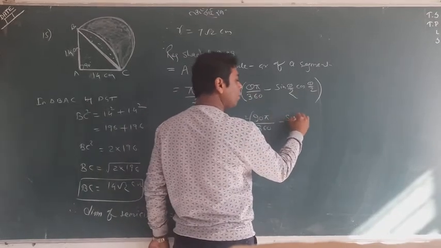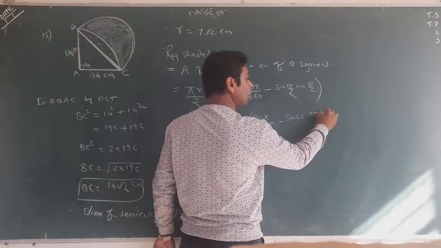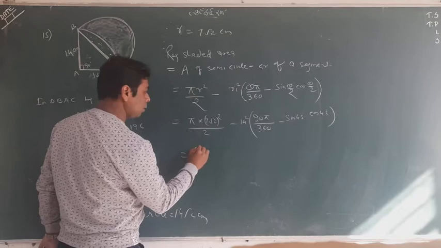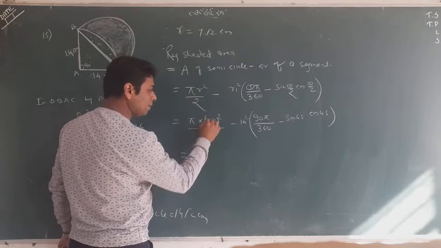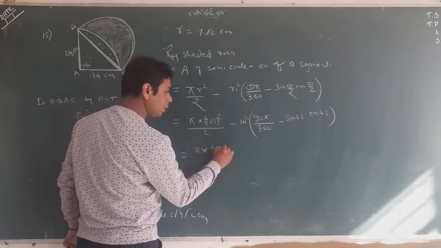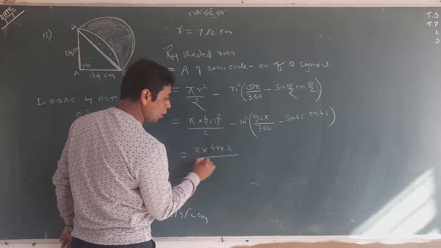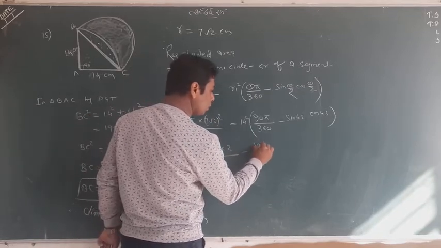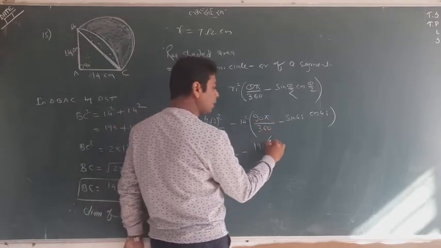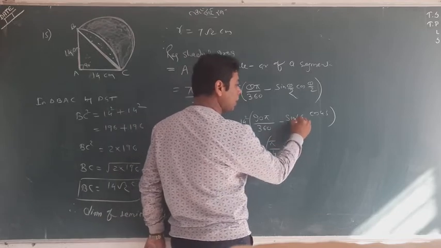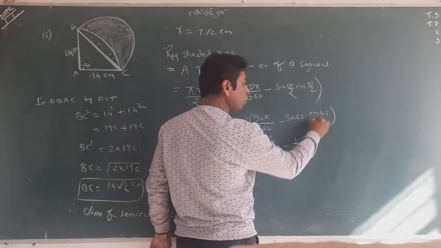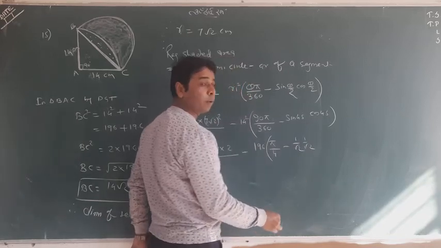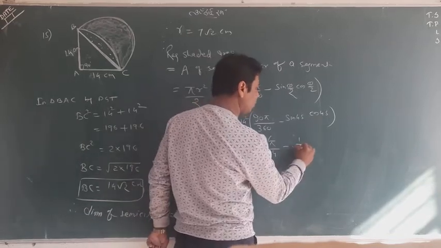Sin 45 and cos 45. Now solve this. Pi is pi. 7 sevens are 49, into root 2 square is 2, upon 2. 14 square is 196. These two cancel by 4. And sin 45 is 1 by root 2 and cos 45 is 1 by root 2, over 1 by 2. So I am writing 1 by 2.